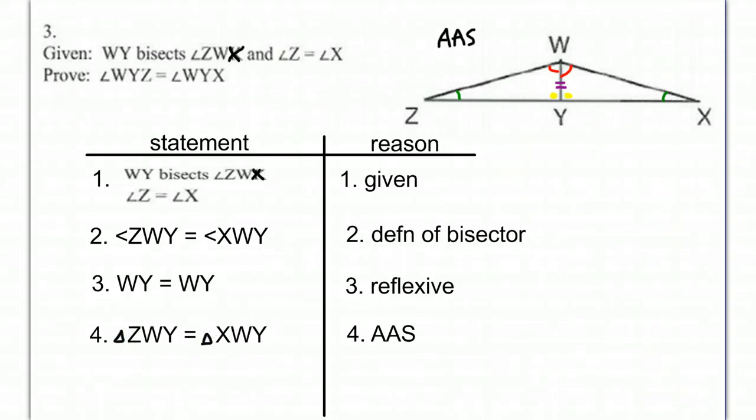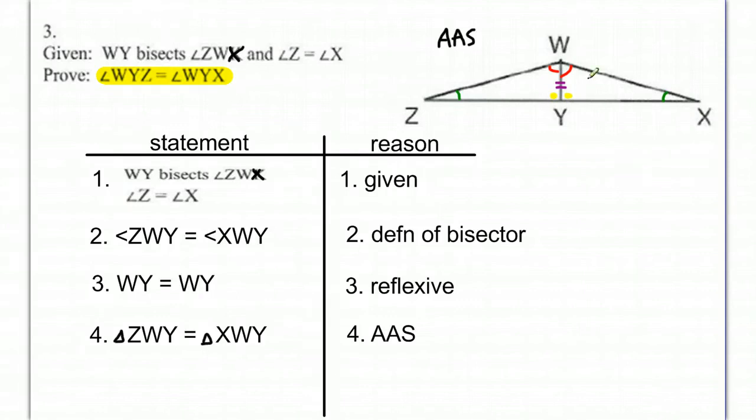Last step I'm going to do then is figure out what I'm actually supposed to prove. And I'm going to use CPCTC to do that. So I have these two angles down here at the base, and the way that I'm going to show that they are in fact congruent, WYZ is equal to WYX, is by using CPCTC.